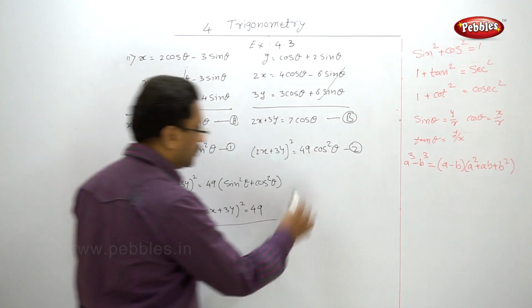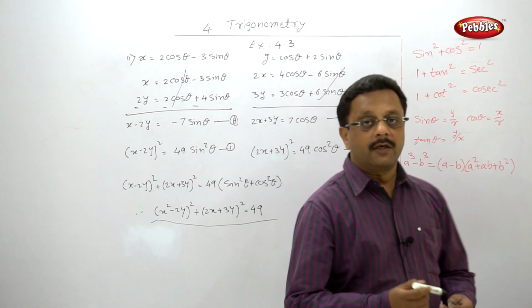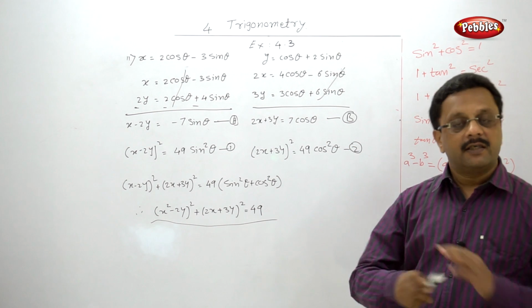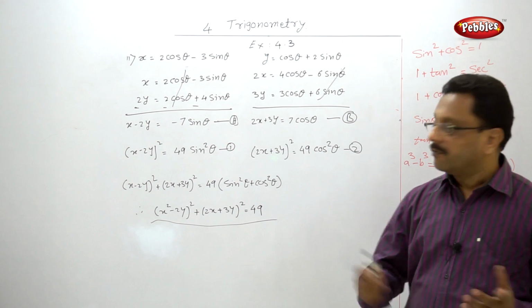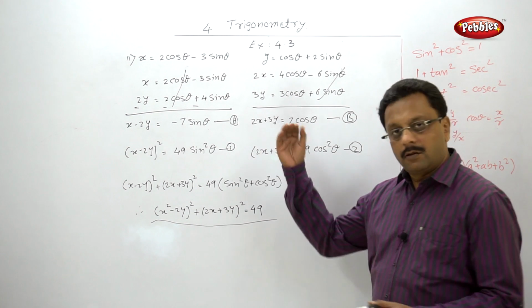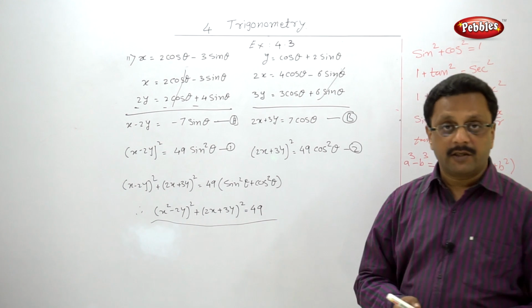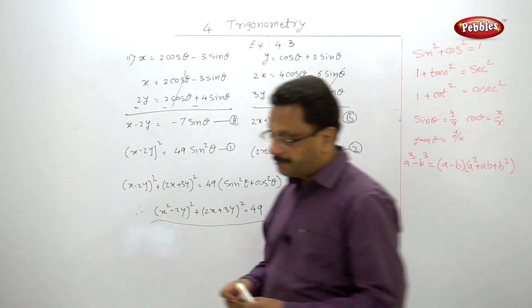This is your required equation where no theta is there. That means theta is eliminated. Very simple, just a little bit lengthy, but you will definitely get 2 marks here. So let us go ahead.